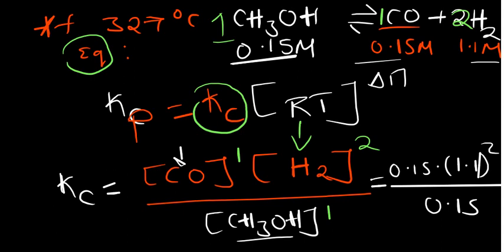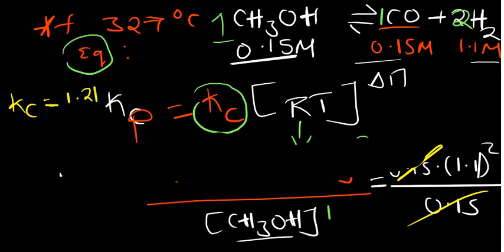We can clearly see that the concentration of carbon monoxide and the reactant were basically one and the same, and they can divide. So then 1.1 squared is going to give us what? So I'm getting 1.21 as our Kc. Any questions there?